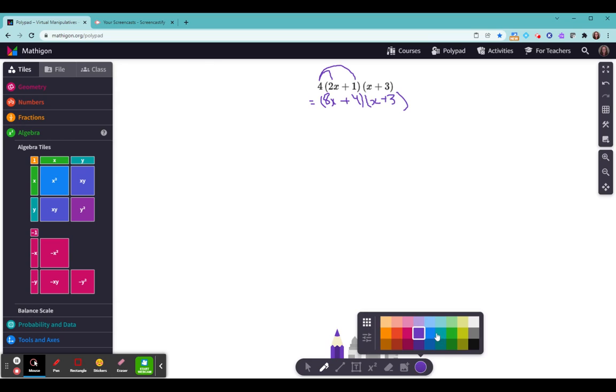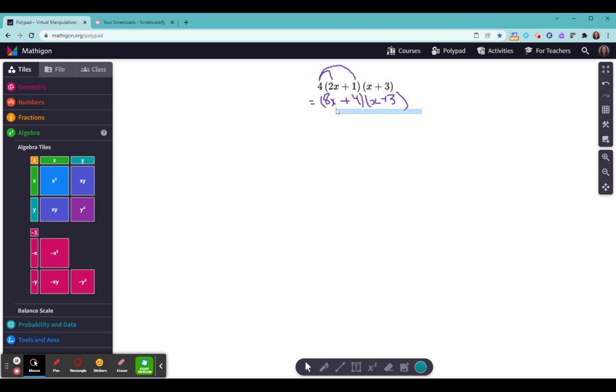Then our second step, now we have two binomials, and just like before, we're going to multiply each term from this binomial by each term of this binomial. So to do that, we are going to do 8x times x, which gives us 8x squared.